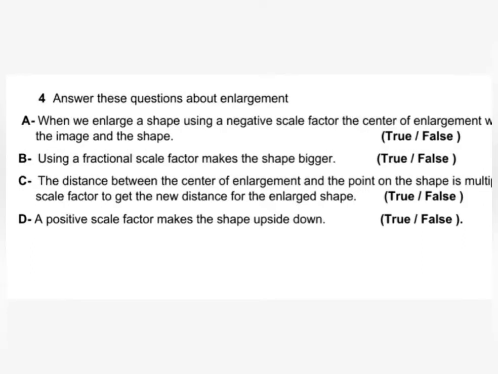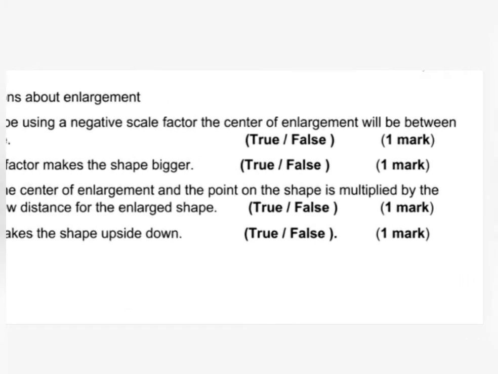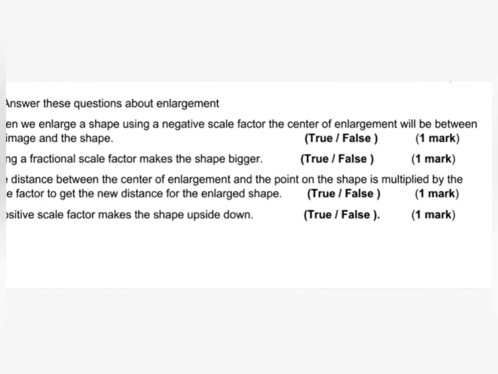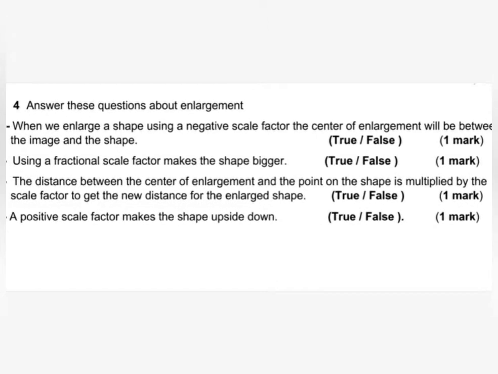Question A, when we enlarge a shape using a negative scale factor, the center of enlargement will be between the image and the shape. What do you think about this, guys? When we have a negative scale factor, it means that this is the point, for example, center of enlargement. If we have a shape like this here, so when we enlarge the shape using a negative scale factor, first thing we do, we measure the distance between the point and the shape, and then multiply by the factor or scale factor of enlargement.